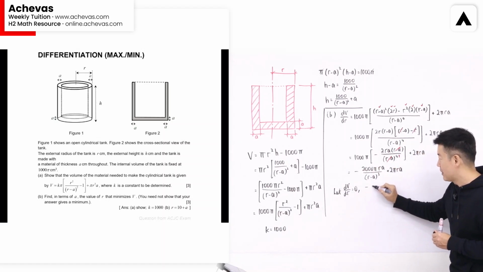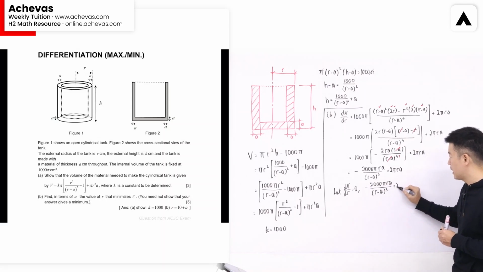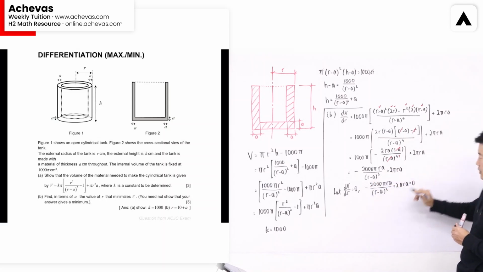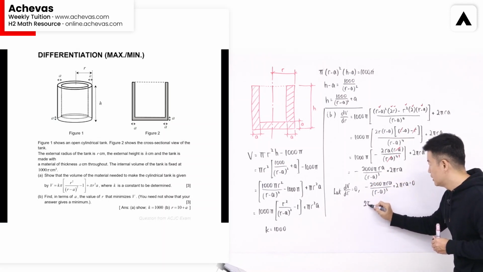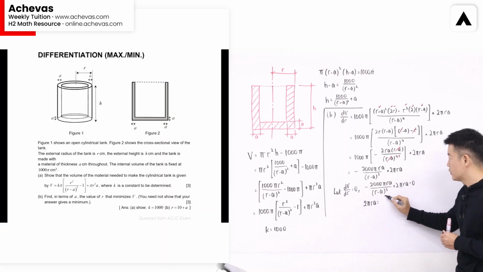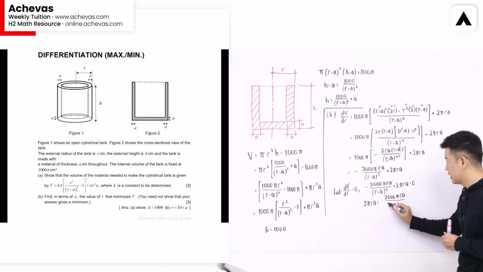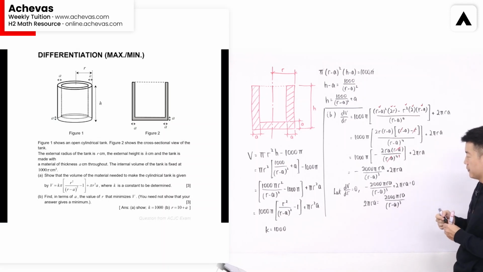So it will be minus 2000 pi r a divided by (r minus a) to the power of 3 plus 2 pi r a. This is equal to 0. I'm going to shift this over to the right hand side. So we have 2 pi r a is equal to 2000 pi r a divided by (r minus a) to the power of 3.